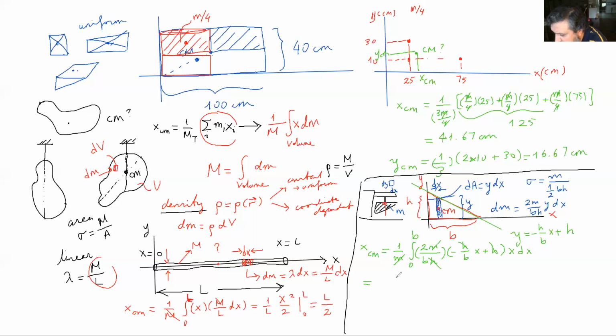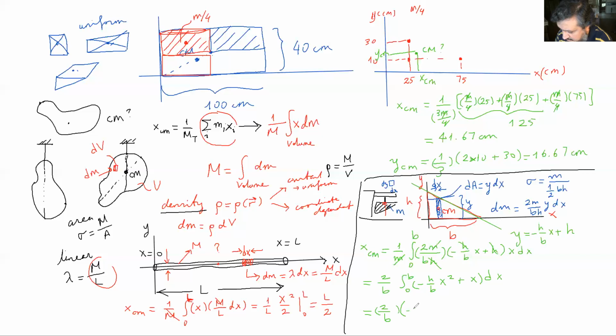So let's factor this 2 over b out. 2 over b times from 0 to b, the integral of negative h over b x squared plus x dx. All right, so we're getting there. 2 over b. Now the lower limit will not give you anything, it's 0.